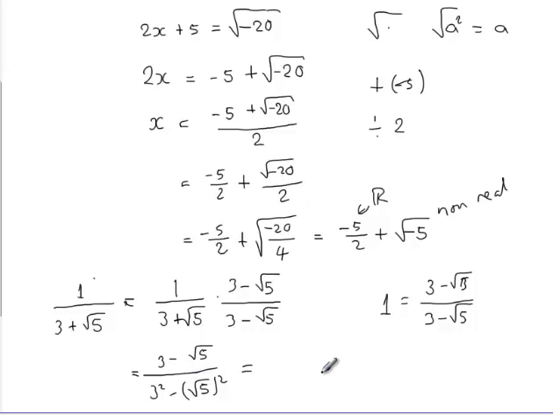Then this ends up with 9 minus 5, isn't it? So we get here 3 minus the square root of 5 over 9 minus 5, that's 4, isn't it?